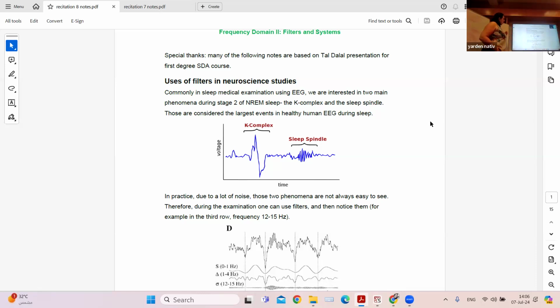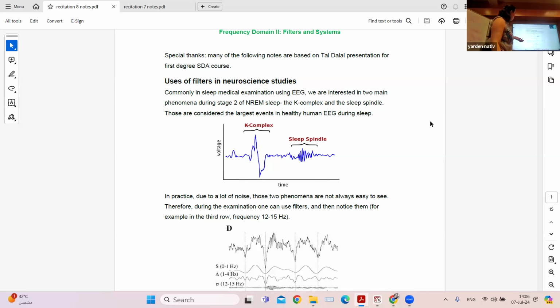Now we can try to describe these two phenomena, okay? But it is very hard to see. We'd rather have a machine that could find each one of them. And how do we do that?